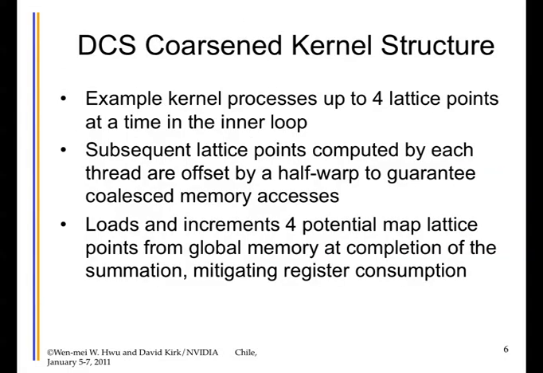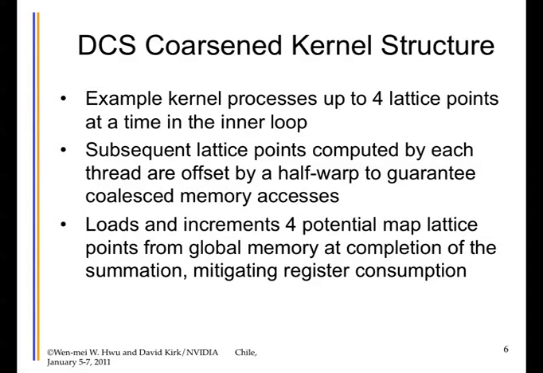For the gather-based kernel, or the output-oriented kernel, we can now coarsen the kernel by processing multiple lattice points in the inner loop. In the original kernel, each thread goes through all the inputs and contributes the input effect to one output point.